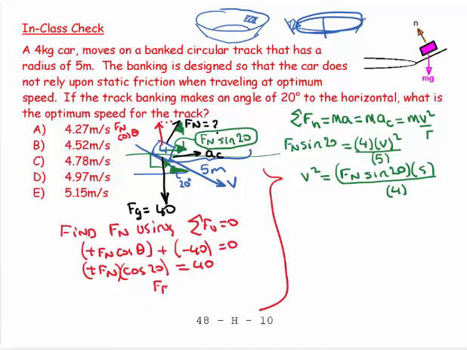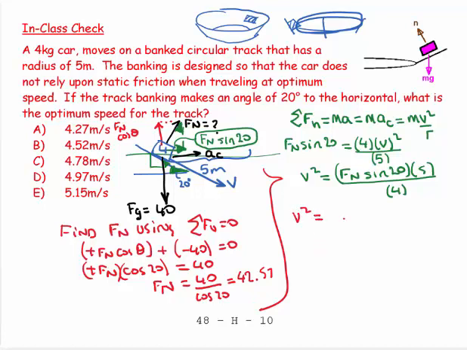So Fn is equal to 40 over cosine 20, which equals, get my calculator, 40 divided by cosine 20, and that equals 42.57. I'm going to use a few decimal places because I don't want to round too much when I'm putting this into another calculation.